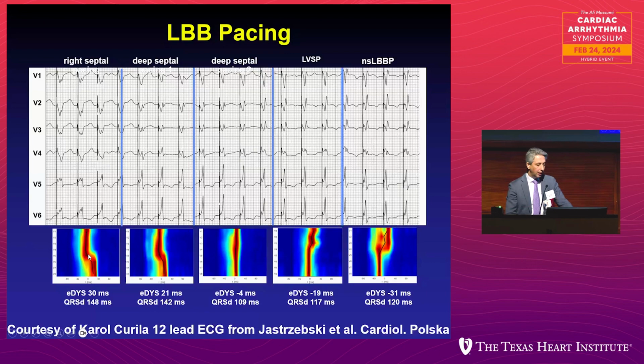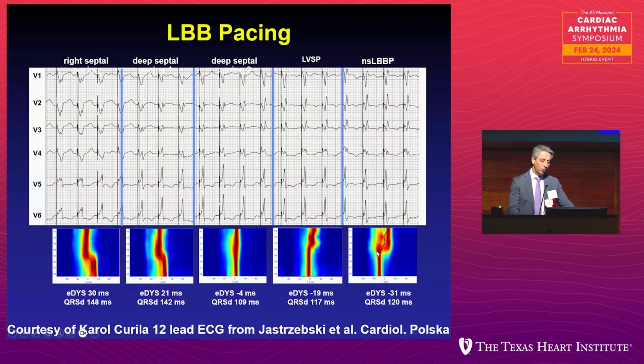And initially you have desynchrony toward the lateral wall. And interestingly, when you get deep enough, you actually get the narrowest QRS, and it seems like everything is activated almost at the same time. Albeit the conduction, as you can see, the band here is much wider. So that suggests the conduction proceeds slower through the muscle.